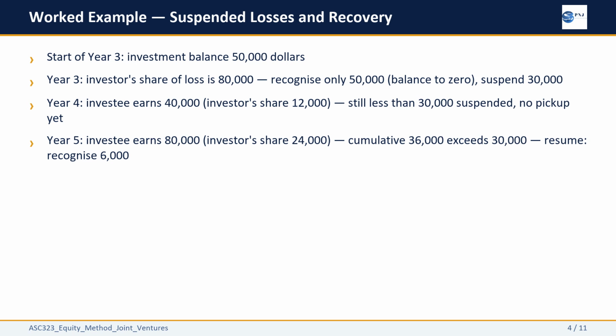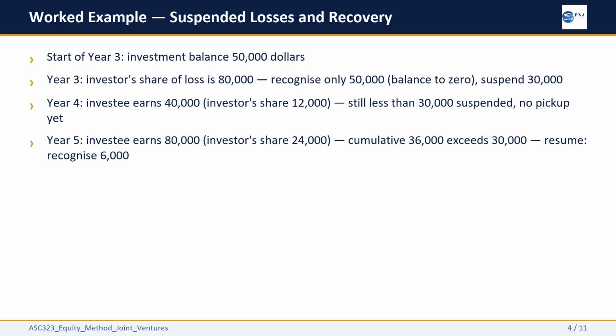When your investment balance hits 0 in year 3, you stop. Even though the investee is still losing money, you carry forward $30,000 of unrecognized losses. In year 4, the investee recovers somewhat, and your share of income is $12,000. But that does not clear the $30,000 suspended amount, so you still recognize nothing.